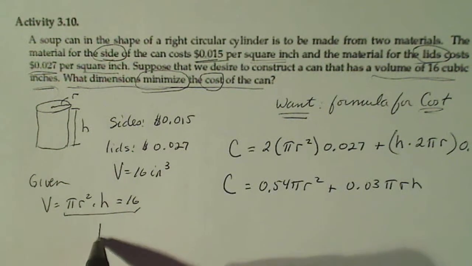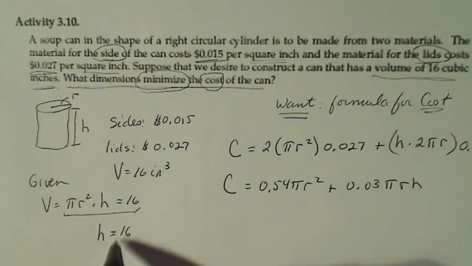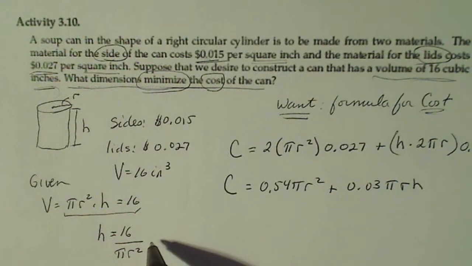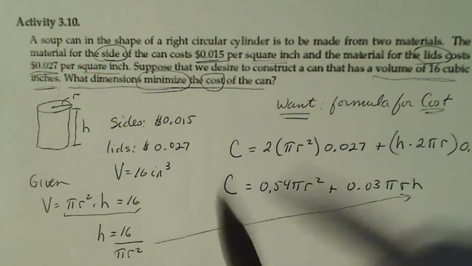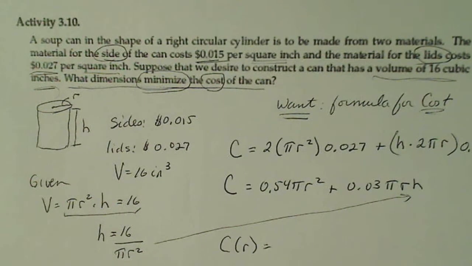It's easiest to solve for h, so that's the way I'm going to do it. It's h times this, so I have to divide by pi r squared. So now I have a direct relationship. As r grows, h shrinks. As h grows, r shrinks. It's an inverse relationship. However, all I have to do is stick this in for h right over here, and now my cost function suddenly becomes a function of one variable alone, and that's really a big deal for us.